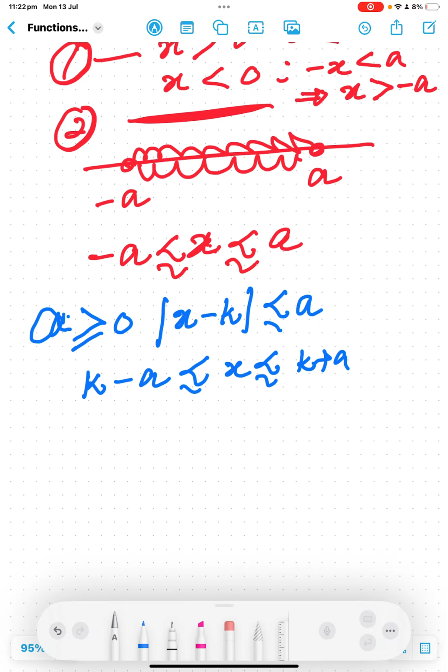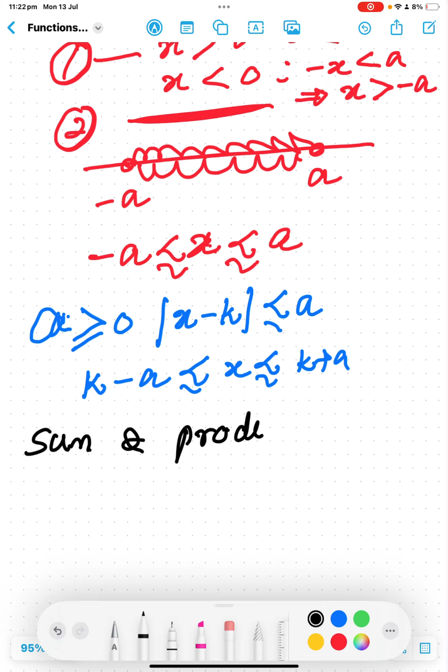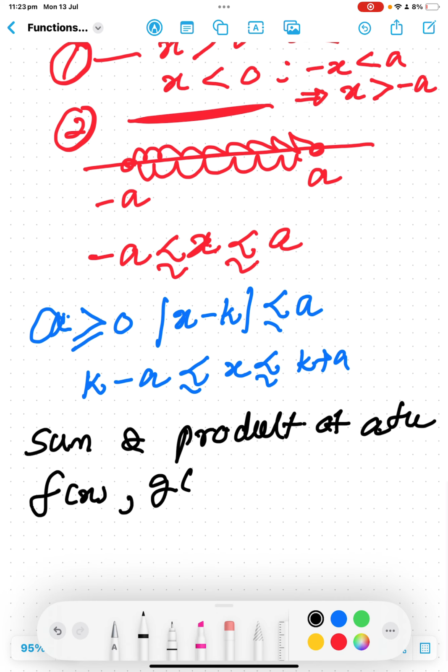So next we will talk about sum and product of functions. Let's say f is a function of x and g is a function of x.